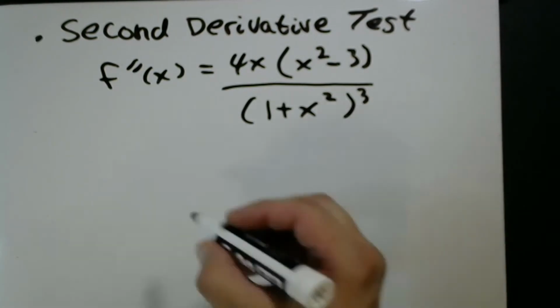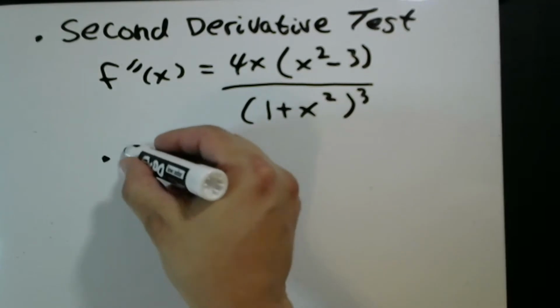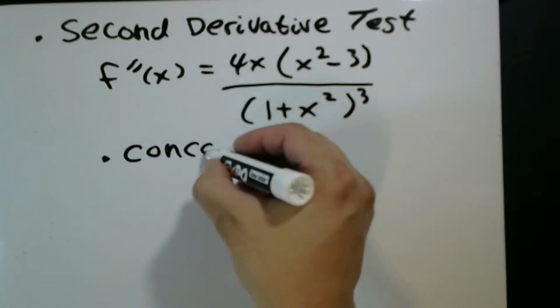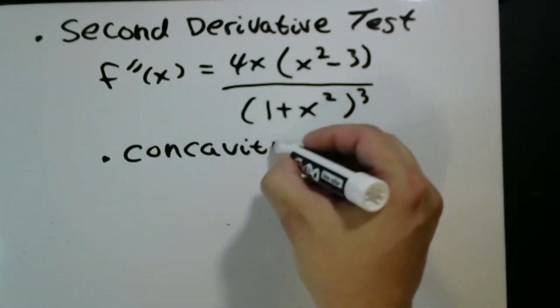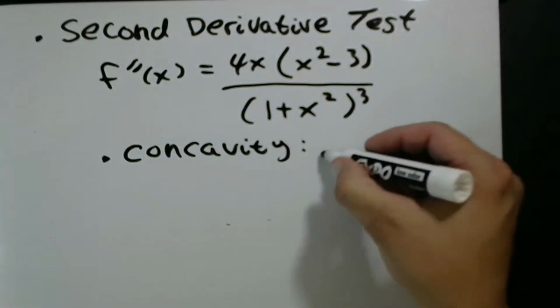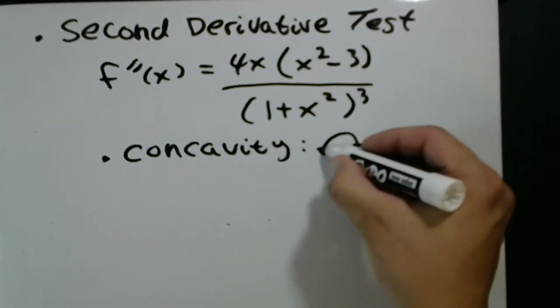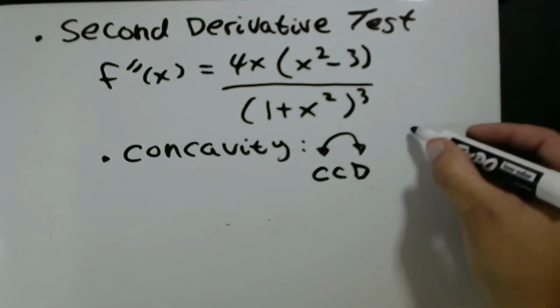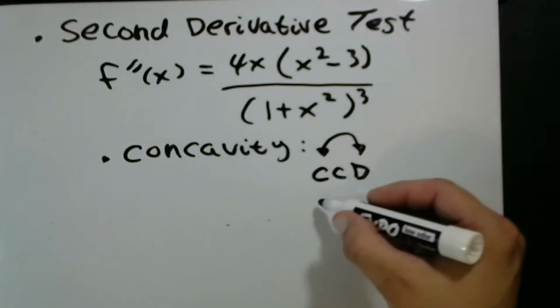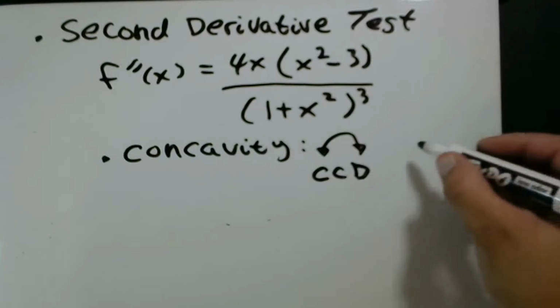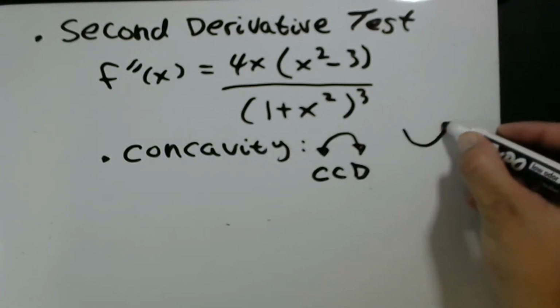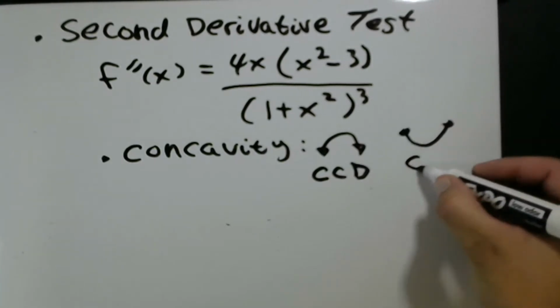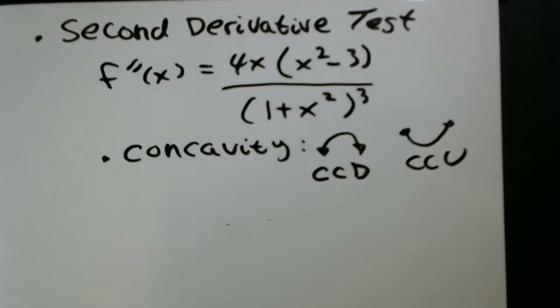Now, specifically, we're going to be looking at concavity. And when we see something like this, we say this is concave down. And that's going to be suggesting that there's some kind of a max possibly here. Or we have concave up.